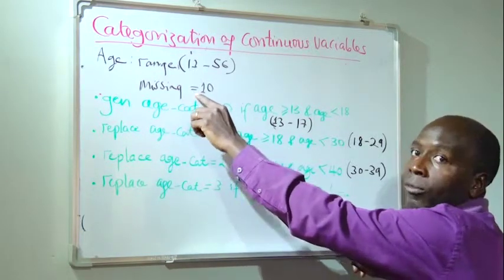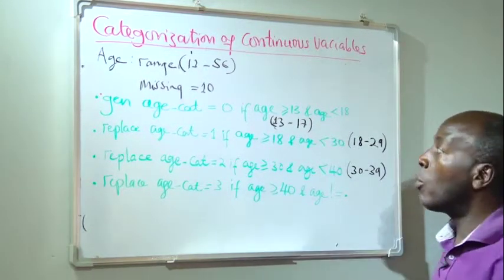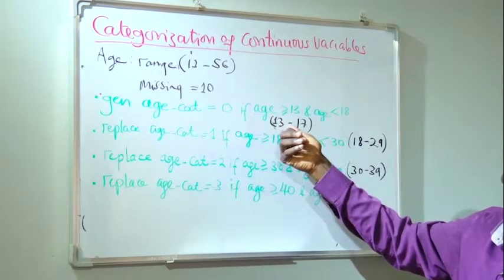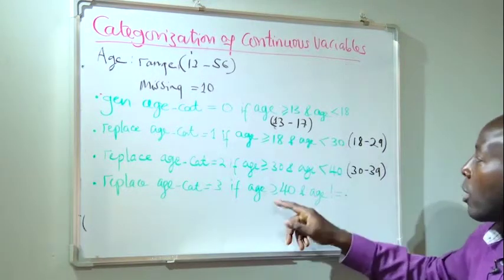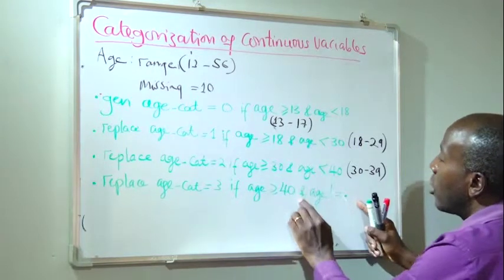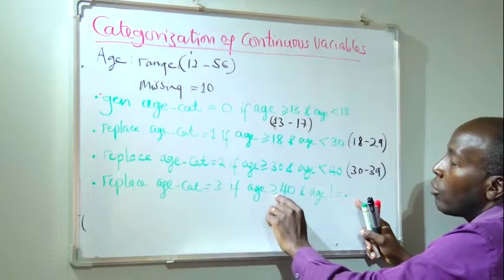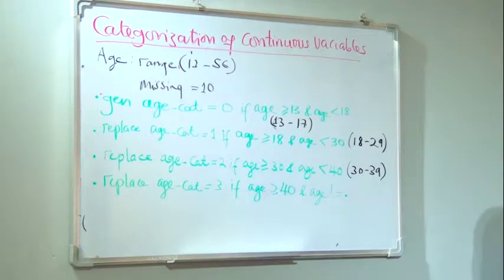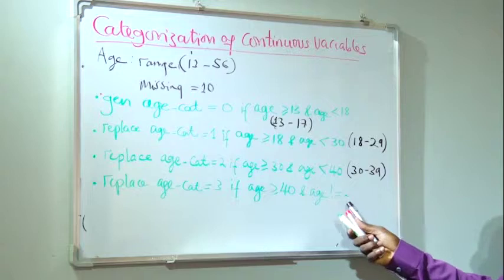Anybody who has missing for age should not be put into this category, because you don't know whether the person who is missing age would have been 15 and therefore be in this category, or would have been 20 and in this category. So once you don't put this last part, age not equal to missing, Stata will give everybody who is 40 or more, including the missings, we put them in category 3. So that's why it is important to use this command.